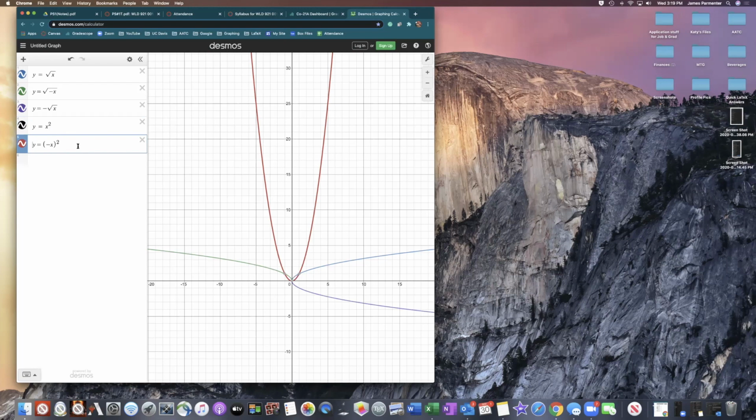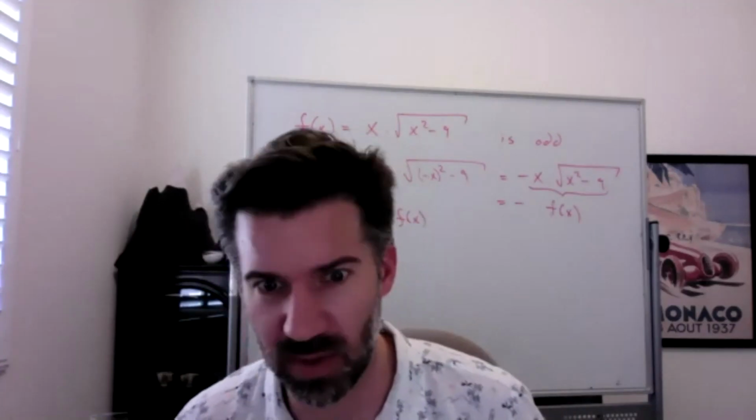The problem is it doesn't work the same way for odd across the x-axis, because that would make it not a function, right? If you had a reflection that looked the same, in fact, let me stop sharing because I feel like I'm better able to explain this.